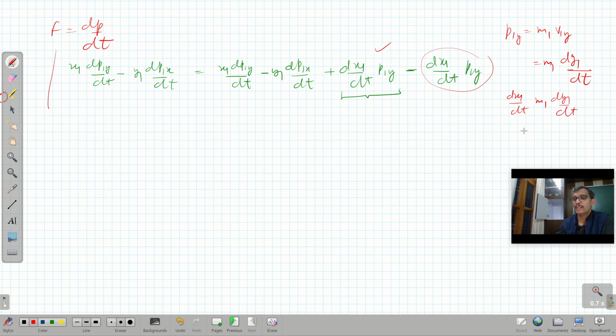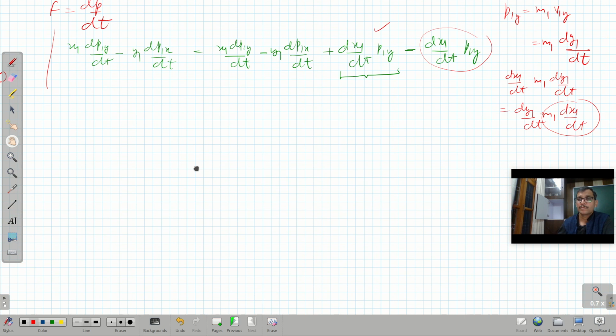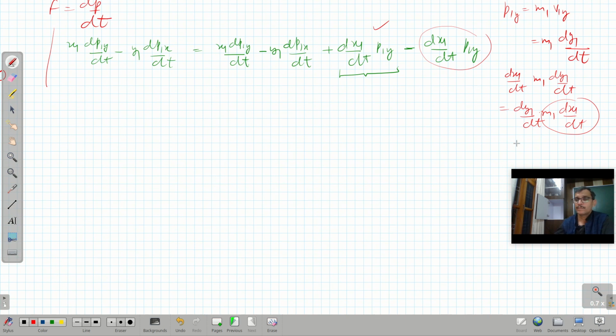It can also be written as dy1 over dt times m1 dx1 over dt, and this is nothing but dy1 over dt into p1x.